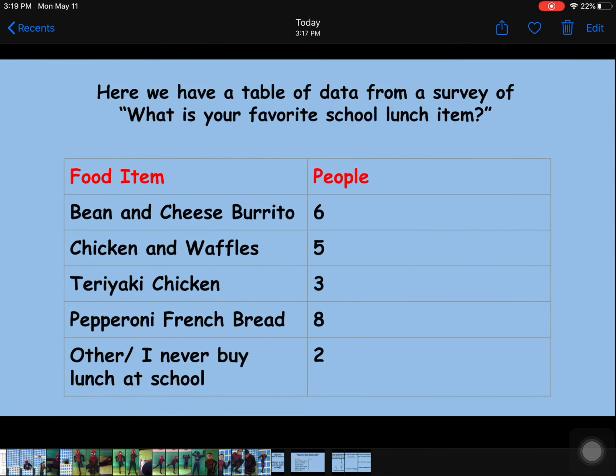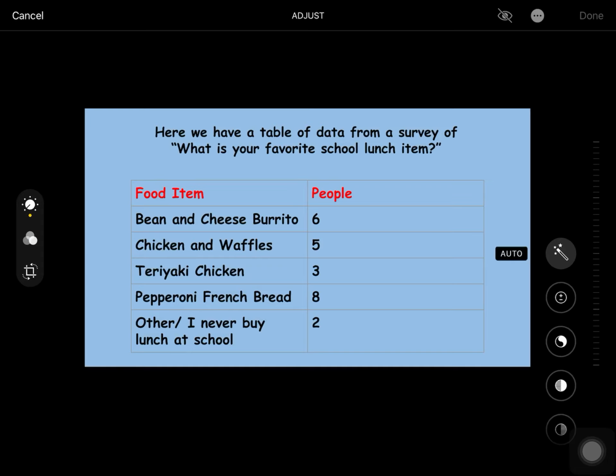Okay, so to give you an example of what data is, I have this sample chart of some data. Here we have a table of data from a survey of what is your favorite school lunch item. So if I asked students, what is your favorite school lunch item, and I gave you choices.